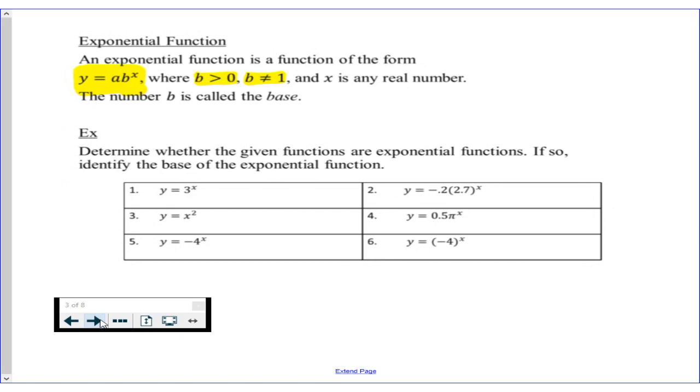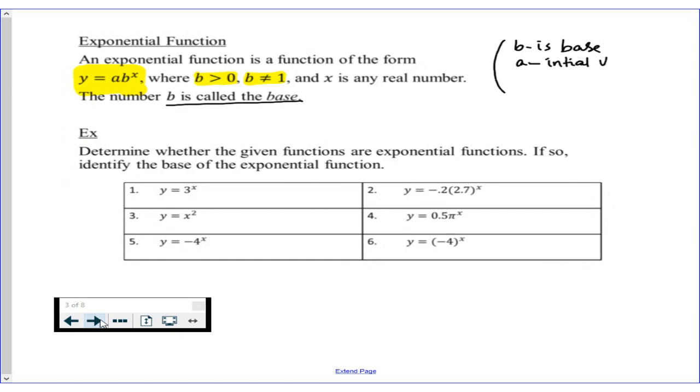So two conditions. 1, b has to be positive. 2, b has to be different from 1. Now, b is the base of the exponential function. So b is called the base, and a is called the initial value.